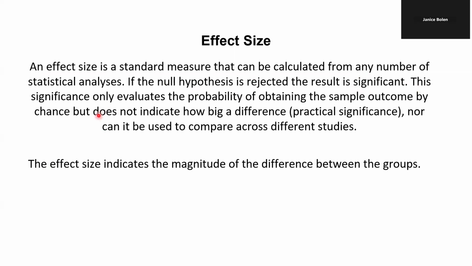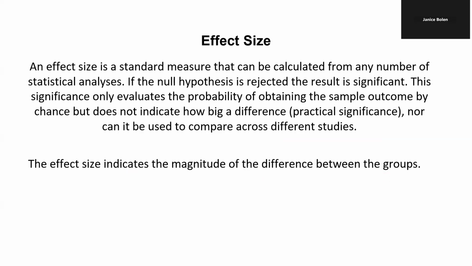And this significance only evaluates the probability of obtaining the sample outcome by chance, but it does not indicate how big a difference, or what we call the practical significance, would be, nor can it be used to compare across different studies. Hence, the effect size indicates the magnitude of the difference between the groups.